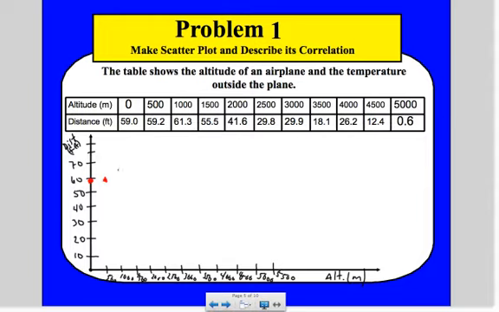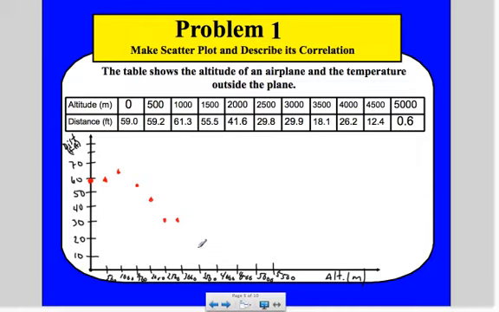Now we can put that up a little higher to represent that. 1,500 is going to be at 55.5, so we're right in between there. 2,000 is at 41.6. 2,500 is at 29.8, so it's going to be right about 30. 3,000 at 29.9. Again, not really much of a difference there.